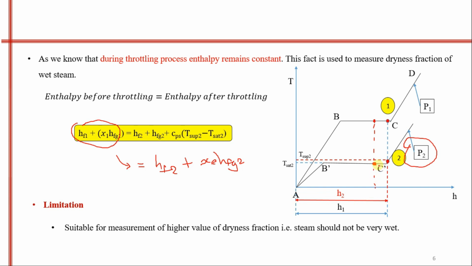If we equate these two expressions, we will have two unknowns, x1 and x2, so it will be impossible to solve. That is why the limitation of this throttling calorimeter is that the steam sample should not be very wet.